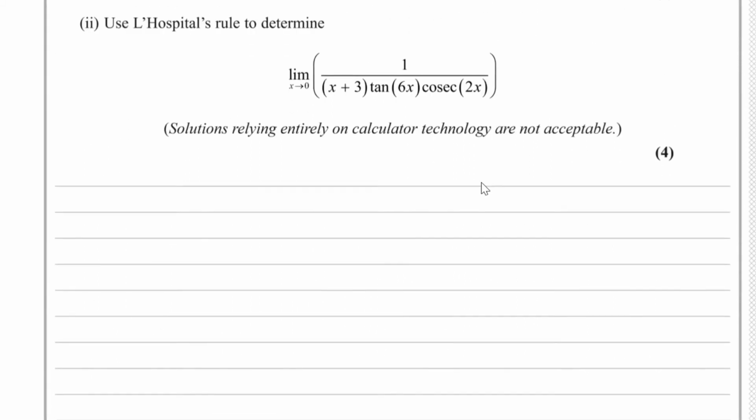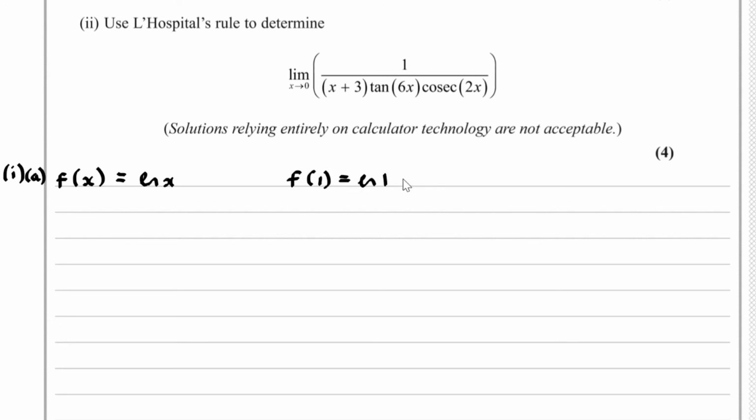So what we need to do here is, well, given that f of x is equal to the natural log of x, from this we can find out what f of 1 is equal to.